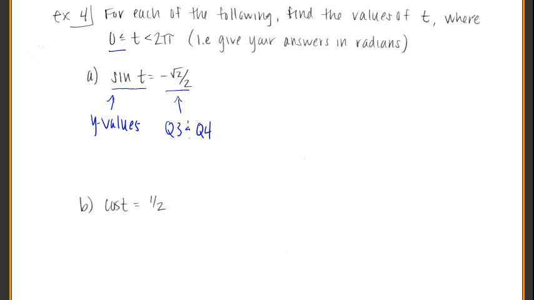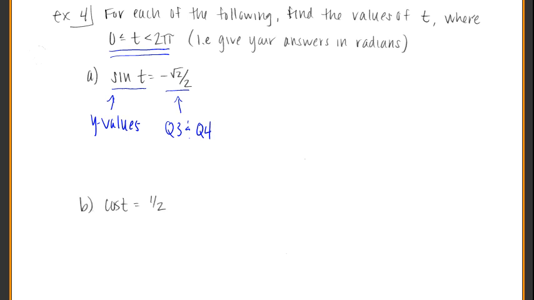And since this interval had pi written in it, I know that my answer has to be in radians. If it said t could be between 0 and 360, then you know to give your answers in degrees. But since it said t has to be between 0 and 2 pi, you know to give your answers in radians.